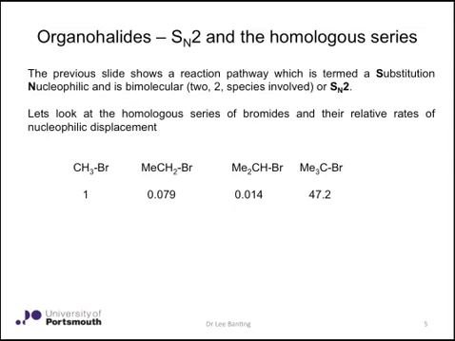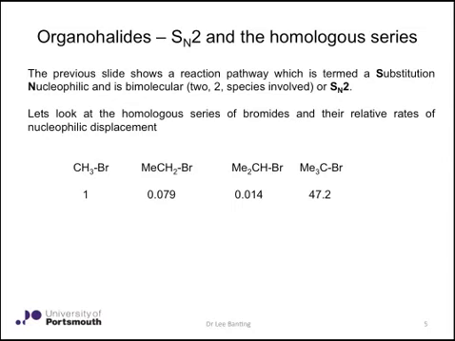If we increase the substitution around the carbon bearing the leaving group, the bromide, you can see that the rate of reaction goes down again. And this is because of steric hindrance around the central carbon, blocking the approach of the incoming nucleophile that displaces the leaving group, i.e. the bromide. However, when we look at the tertiary bromide, you'll see that the rate jumps back up considerably.